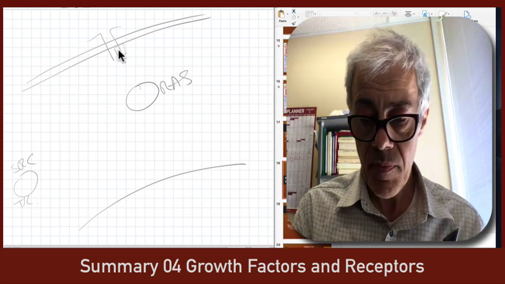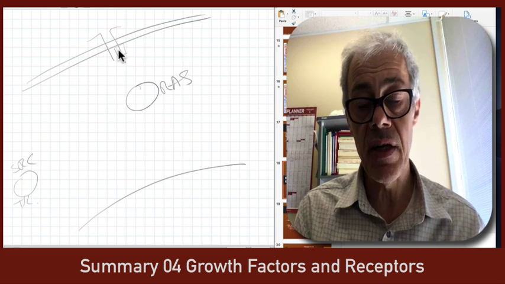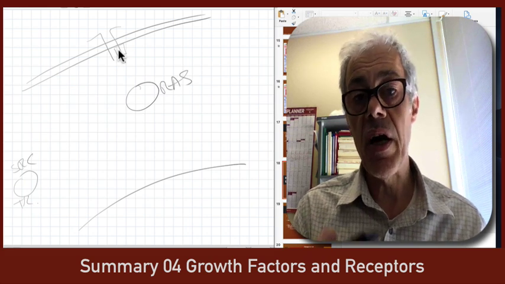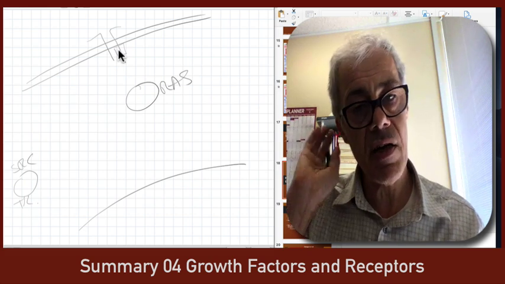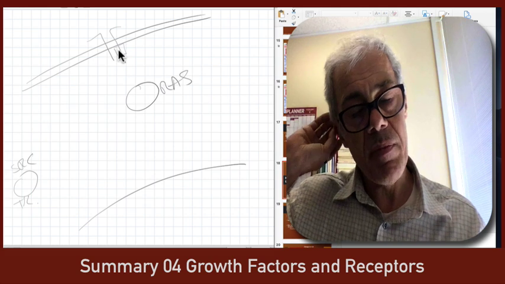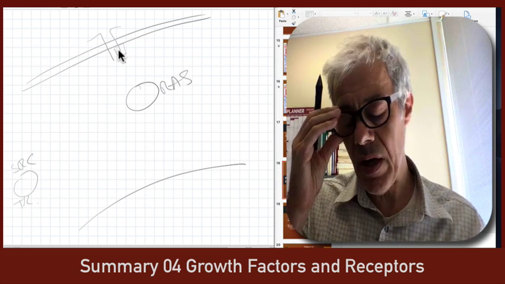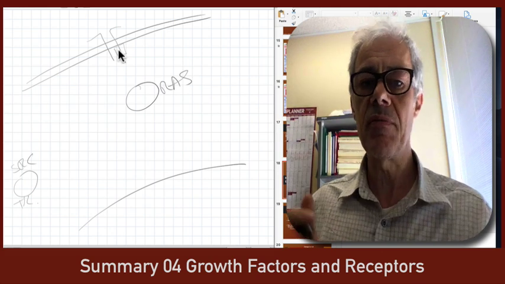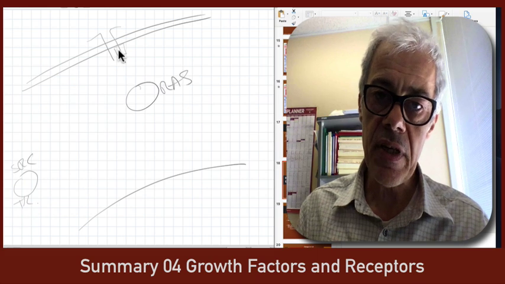So again, I'm not going to go into the level of detail that I go to in the lectures, talking about why SOS is called SOS, and the Drosophila research that led to the discovery of SOS, and the yeast research that led to the discovery of the guanine exchange factors and all that kind of stuff. But I'll just describe to you a linear signaling pathway.